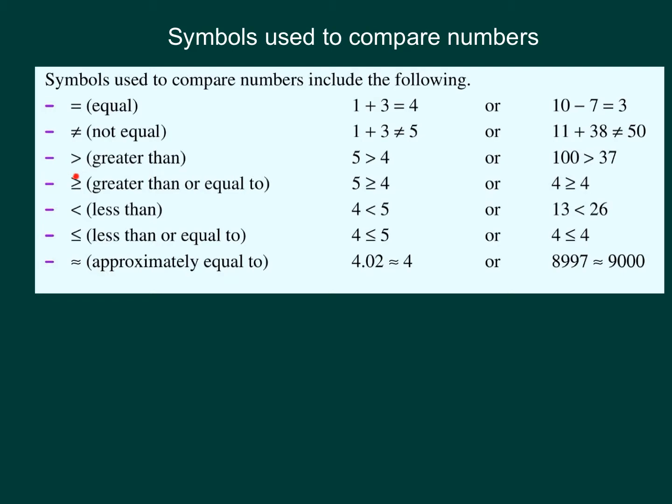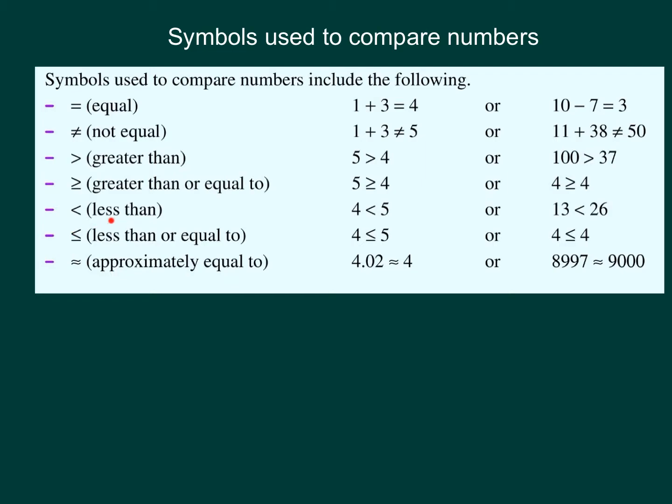This is the greater than sign. So 5 is greater than 4. This is greater than or equal to. Just remember that 5 is greater than or equal to 4. So 5 is definitely bigger than 4, and is or equal to 4.